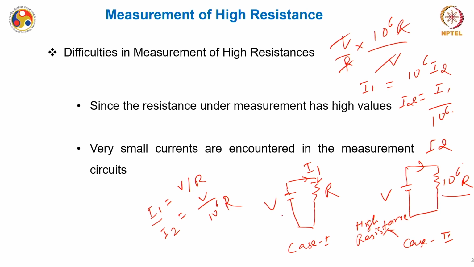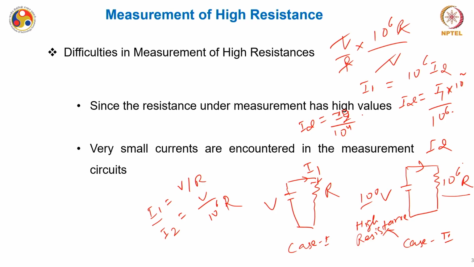Now, in case 2, say I am using a voltage source with EMF 100 times what I was using, that is 10 power 2. In this case also, I2 is I1 divided by 10 power 4, so it is still 1 by 10,000th of I1.